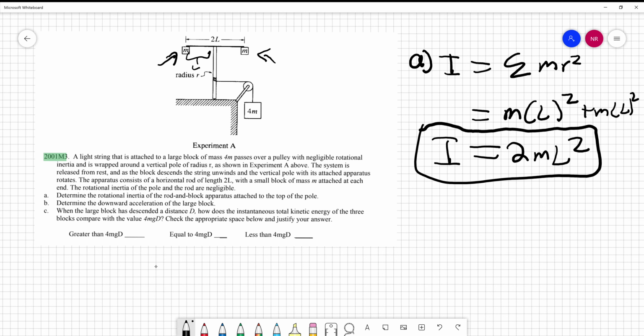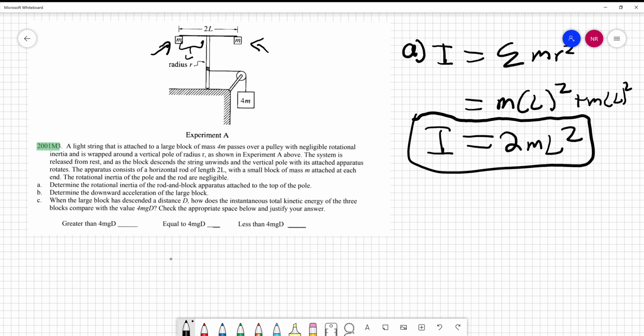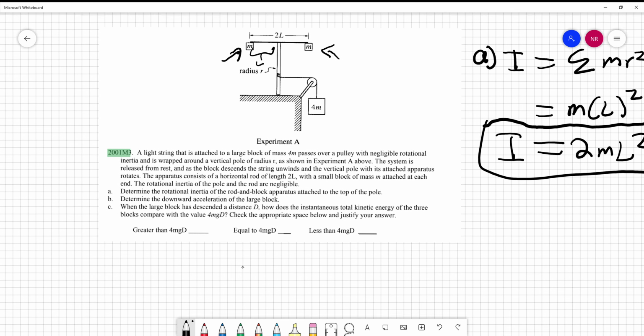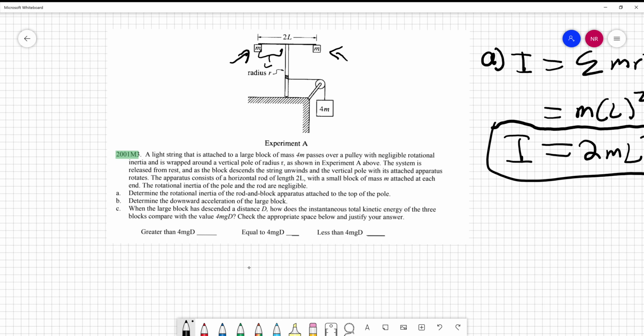For part B, it's asking us to determine the downwards acceleration of the block. The acceleration we can find by Newton's law, which is sigma F equals ma. So to find the acceleration, that would equal the force divided by the mass.